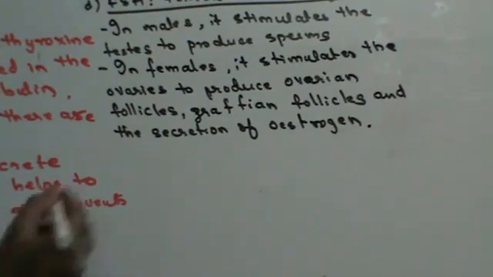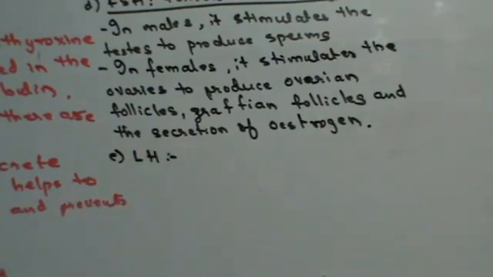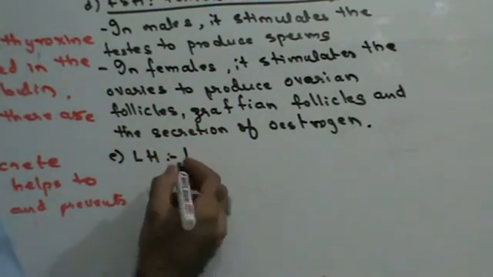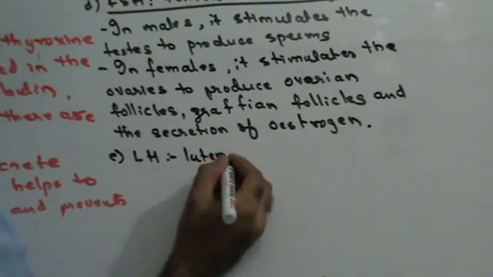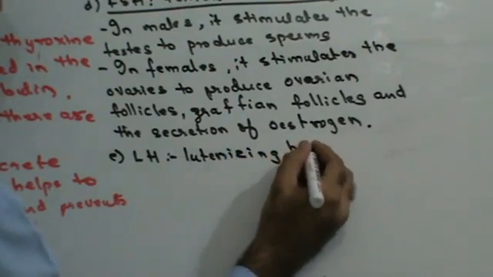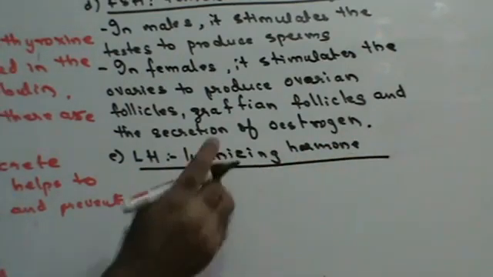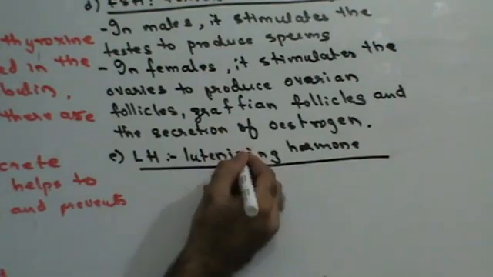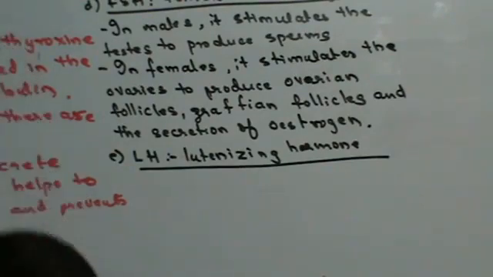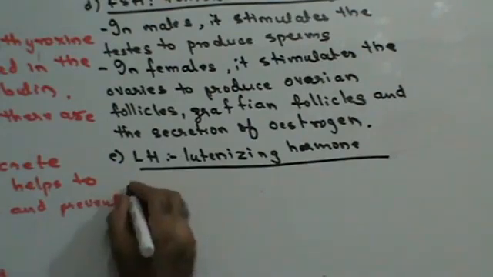The next hormone that is produced is LH, right? LH is luteinizing hormone. The luteinizing hormone, it is also called the interstitial cell stimulating hormone.